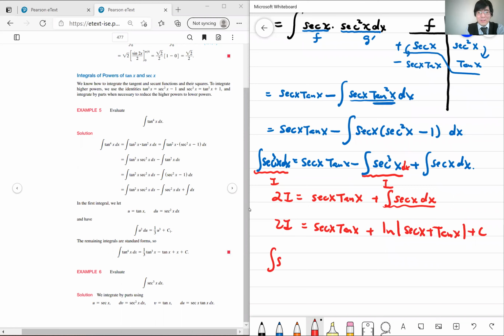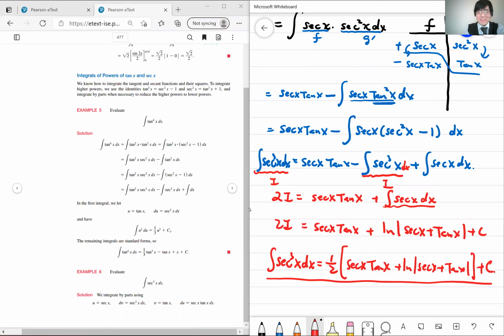So, the integral of secant cube is equal to 1/2 times this. Do you see how tough this is?